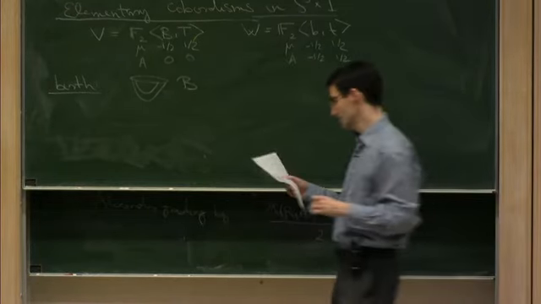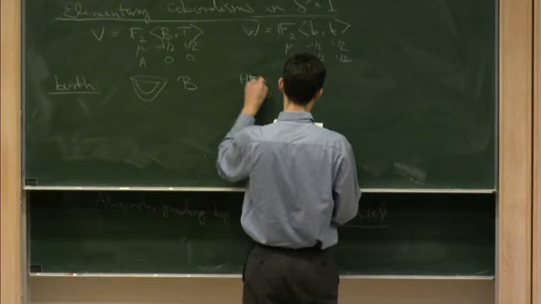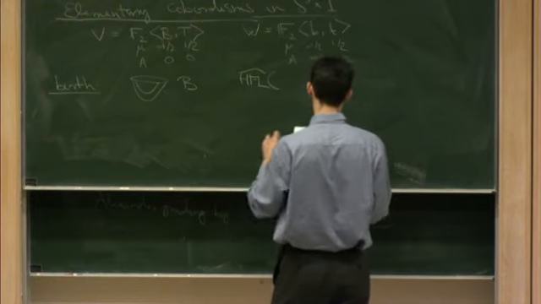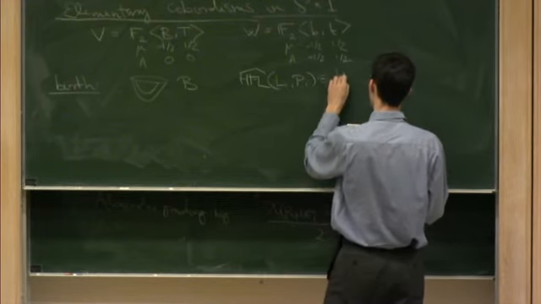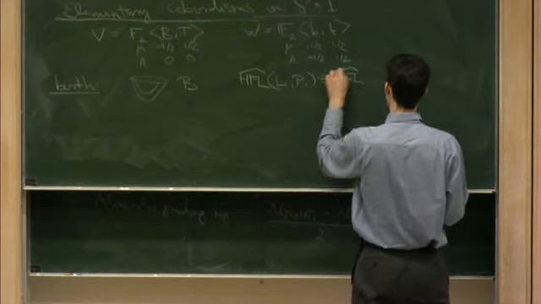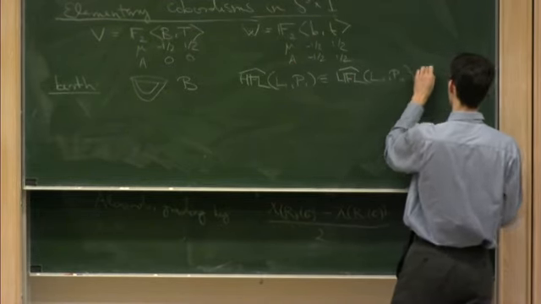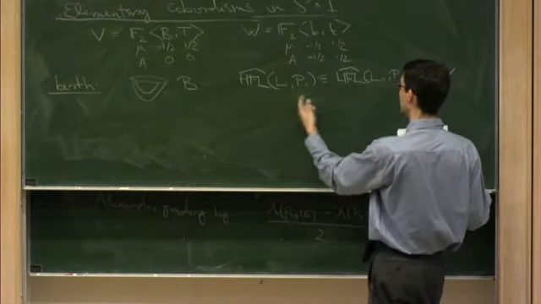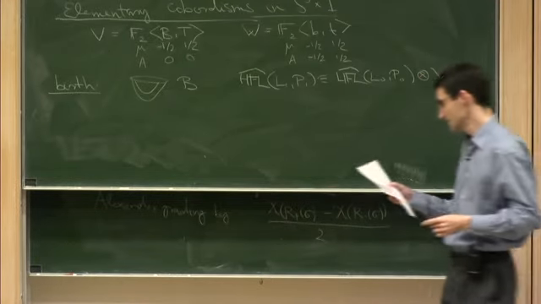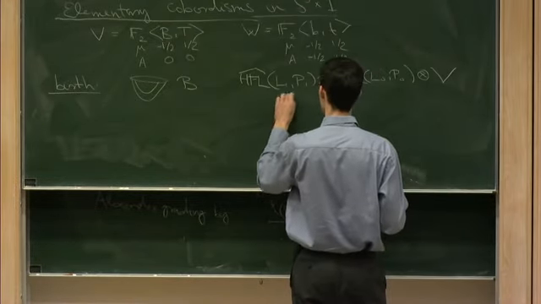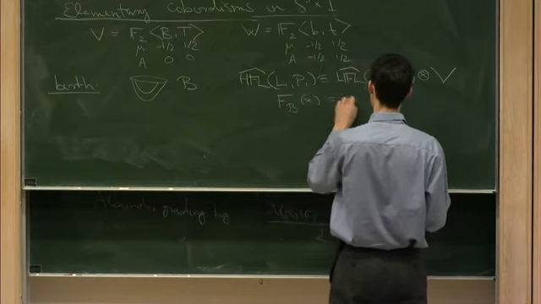And then there is an identification between the link Floer homology of L1P1 with the link Floer homology of L0P0 tensor V, where this is a cobordism from L0P0 to L1P1, such that the map is just tensoring with this top generator here.